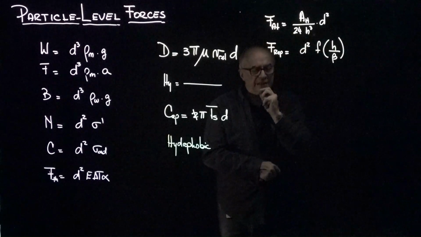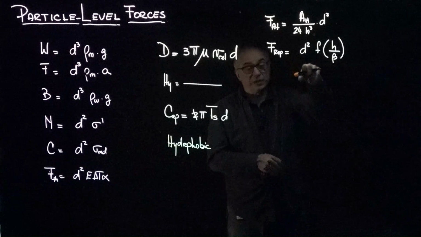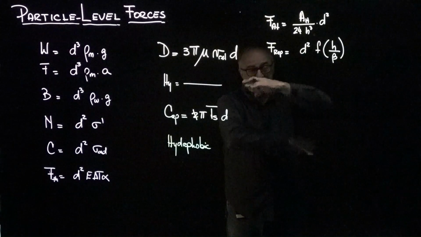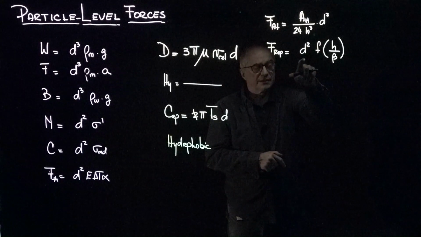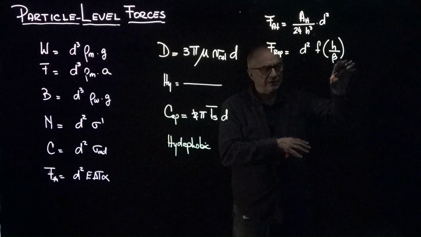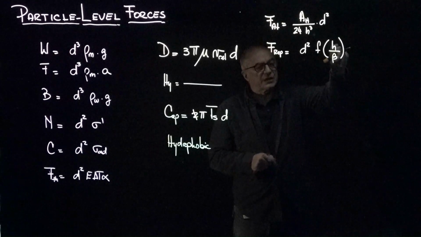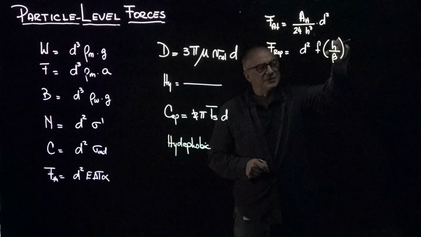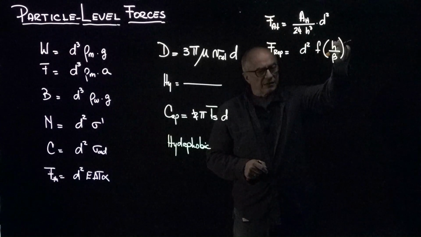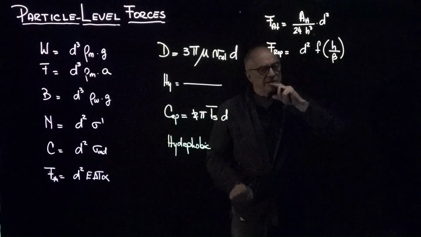The double layer repulsion force is also scaling with the exposed areas that are interacting, d square, and it is a more complex function of hyperbolic cosines and cosecants, which are a function of the distance between the particles, h, the separation between particles, and the thickness of the double layer.